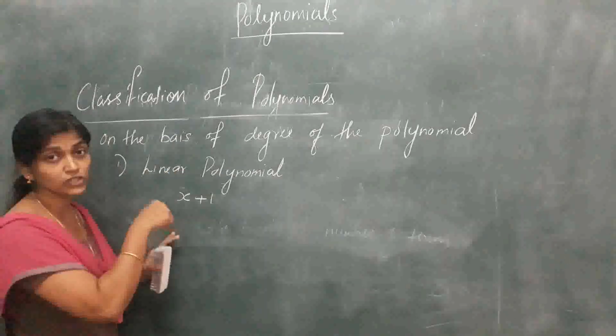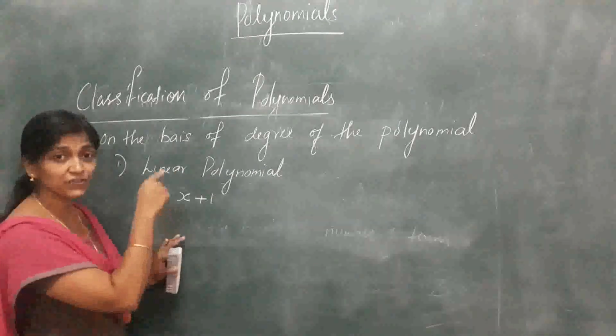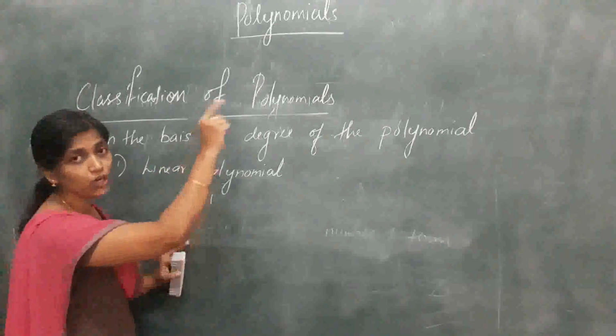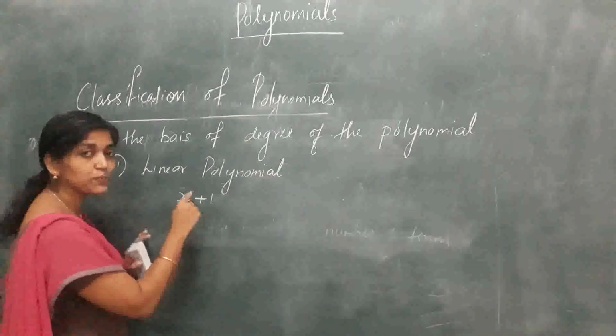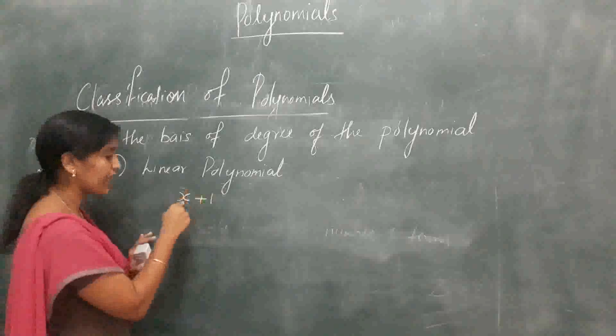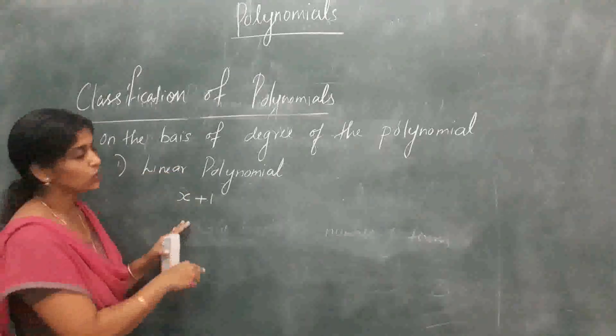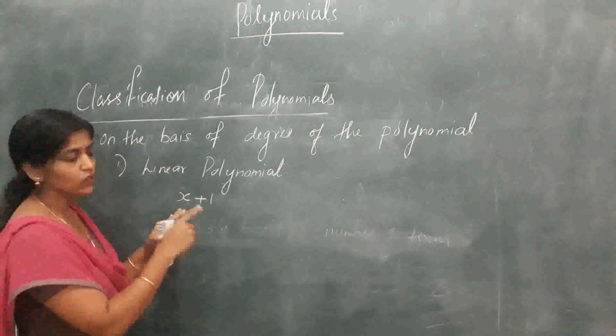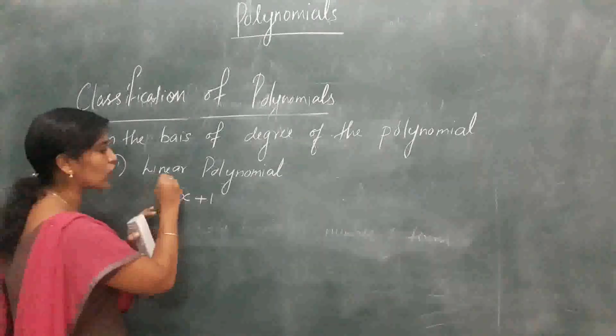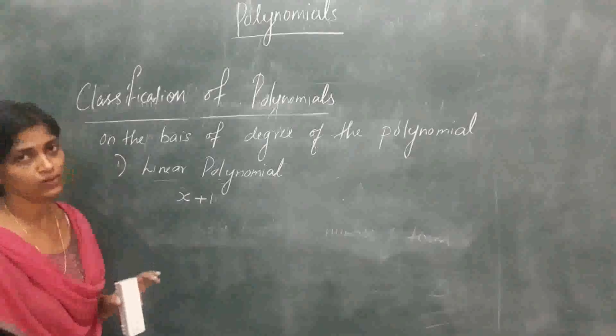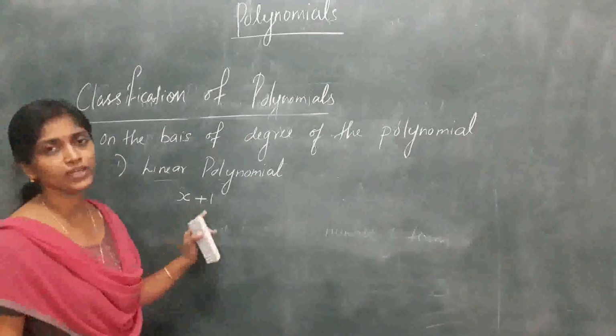What is the degree of this polynomial? Degree we studied, it is the highest power of the variable. What is the highest power of the variable here? It is x. The variable here, what is its highest power? It is 1. So what is the degree? It is 1. So a degree 1 polynomial, we will call it a linear polynomial. And this is an example for linear polynomial.